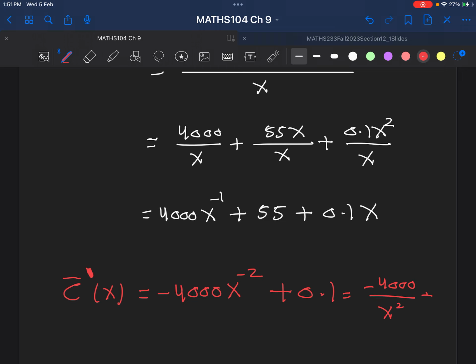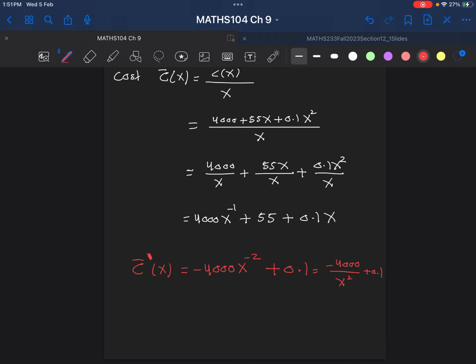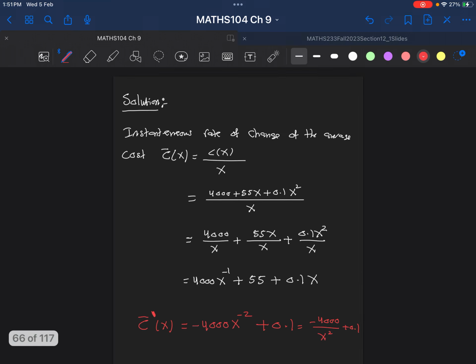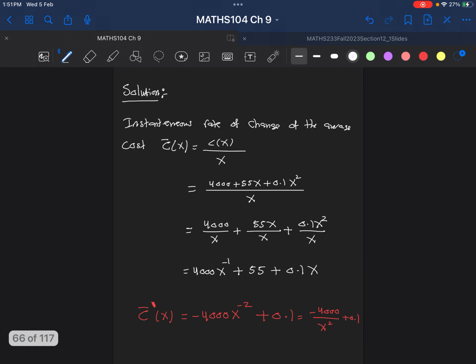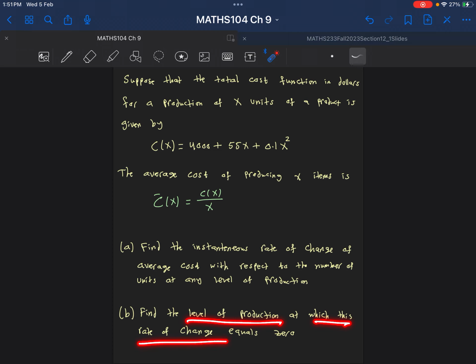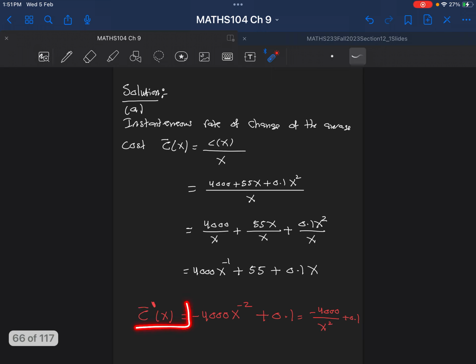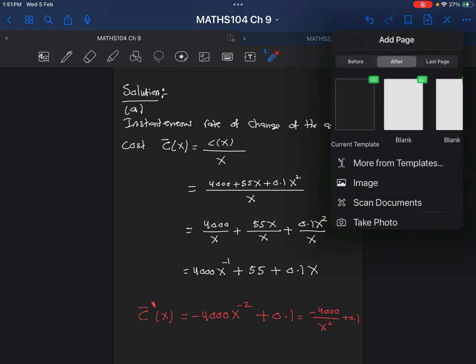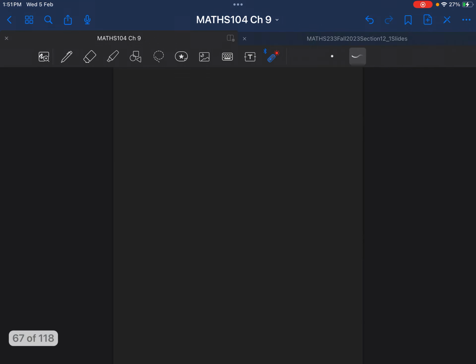Which we can write as negative 4,000 divided by x squared plus 0.1. That's the first part, and this is the instantaneous rate of change. Second part, it says find the level of production at which this rate of change equals 0. So we have to find when this is equal to 0.